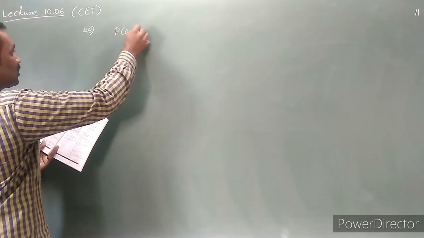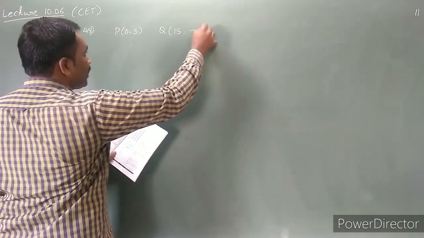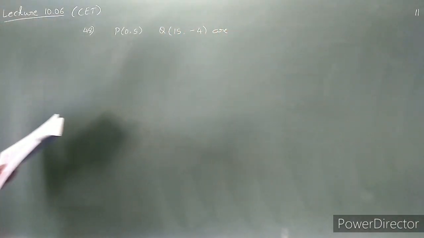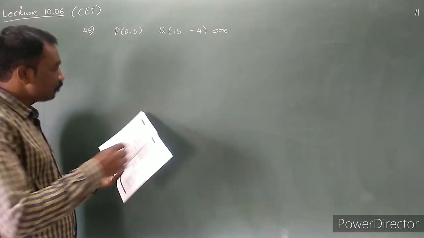P having the coordinate 0, 5 and Q having the coordinate 15, -4 are the 2 points.